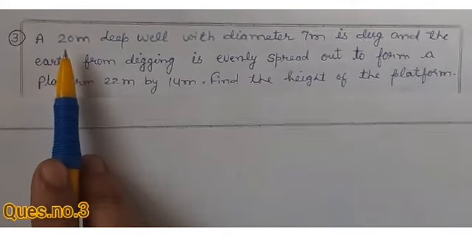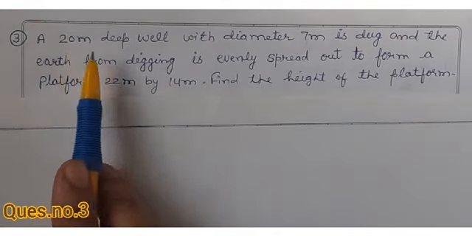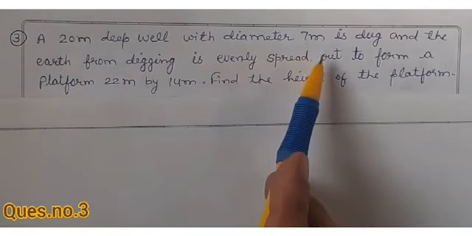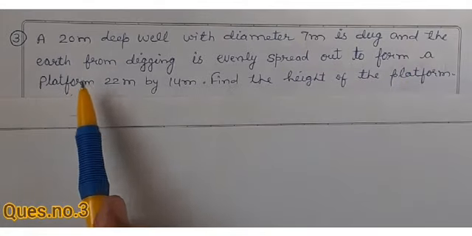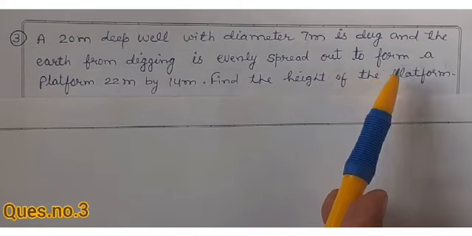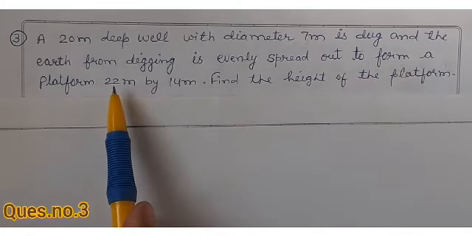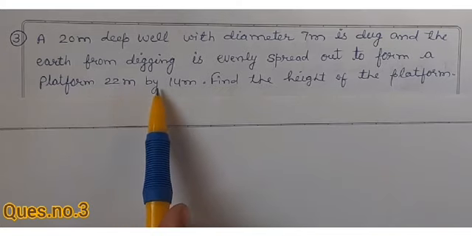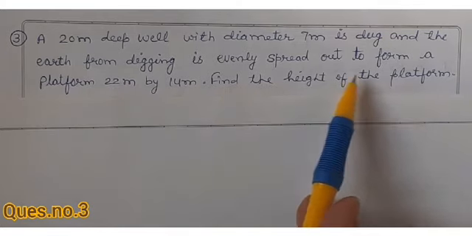Now the next question is: a 20-meter deep well with diameter 7 meter is dug, and the earth from digging is evenly spread out to form a platform, and the size is given to you, 22 meter by 14 meter. Find the height of the platform.